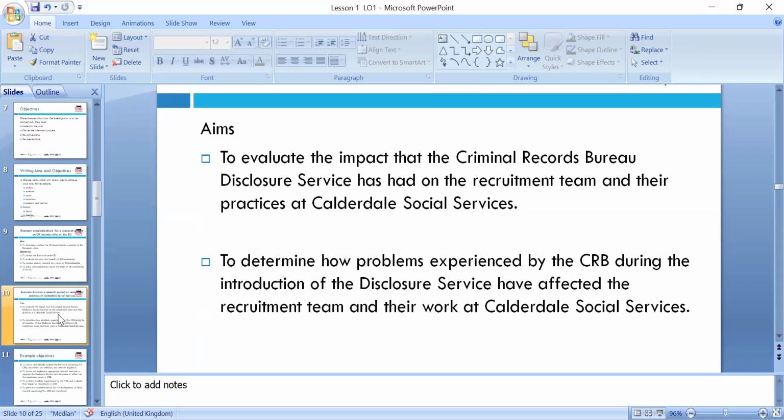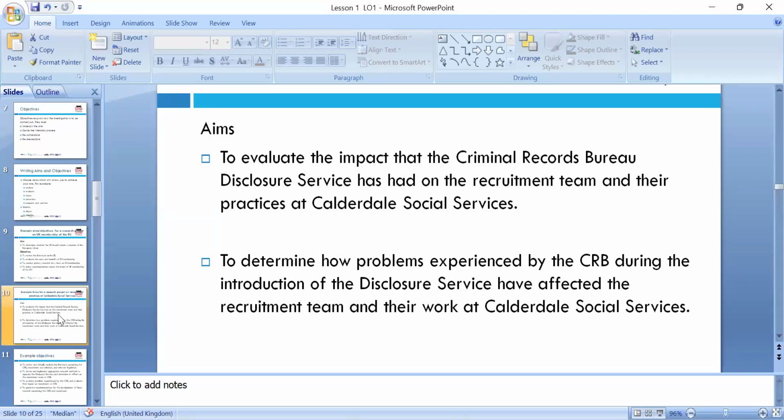To determine how the problems experienced with the CRB, which is the Criminal Record Bureau, we call it DBS now, the Disclosure and Barring Service, have affected the recruitment team and their work. If the CRB check of the criminal record takes ages, of course it can slow down your recruitment and selection process, because by law you're not recruiting someone in a public service organization without checking the criminal record.